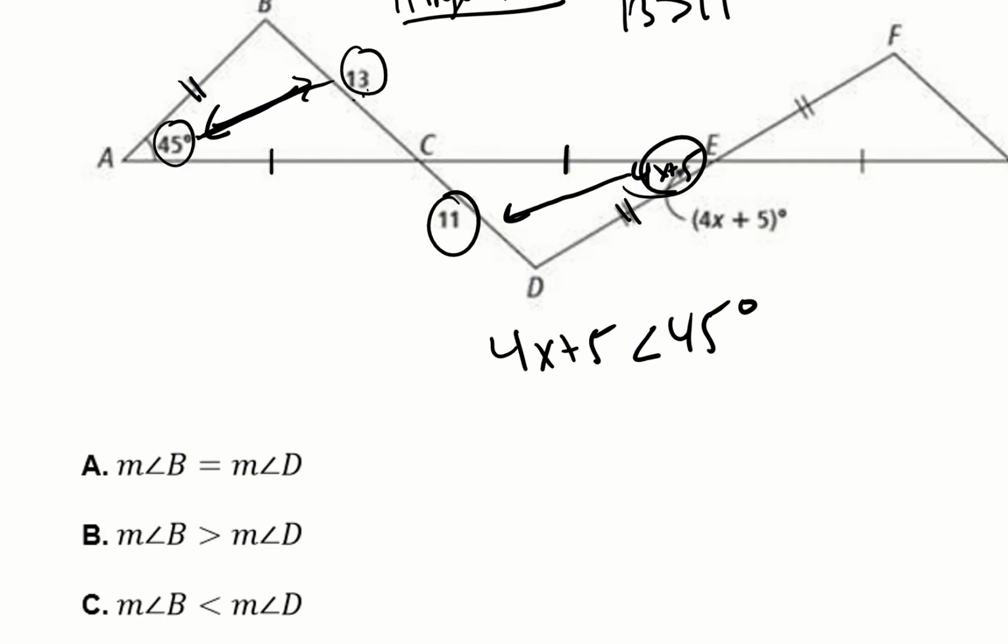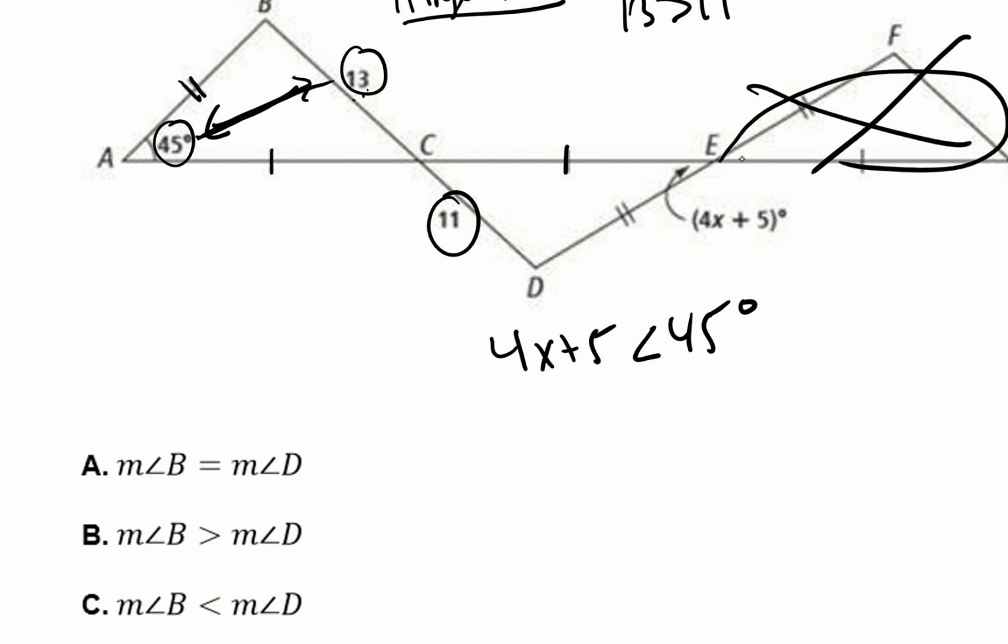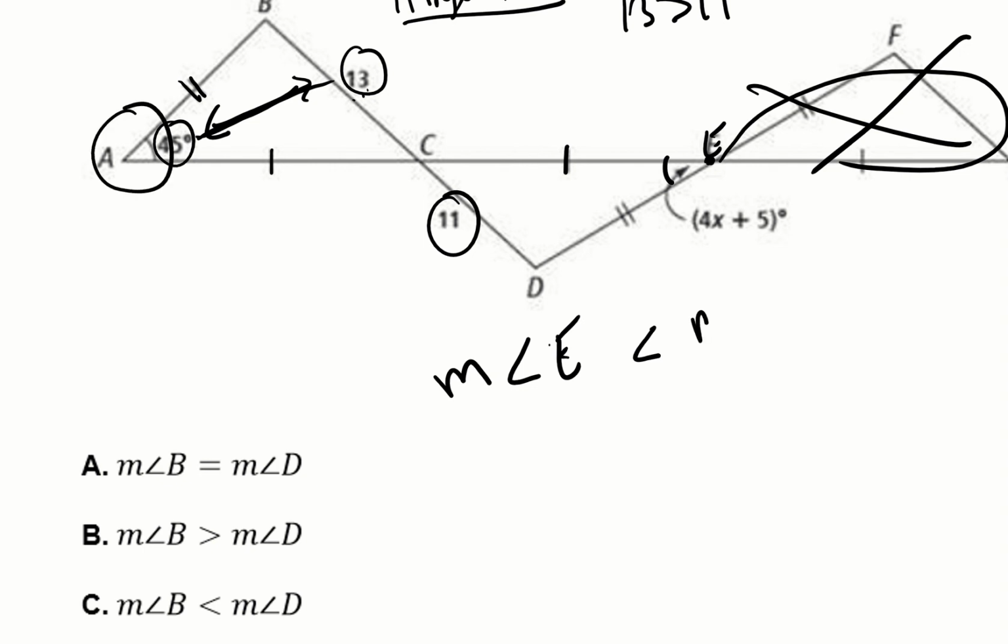Okay, so to make this a little easier to comprehend, I'm going to just ignore this triangle for a second because we don't really need it for this diagram. So let's call this angle E. And we'll say that the measure of angle E is less than the measure of angle A, just for the purposes of this exercise.